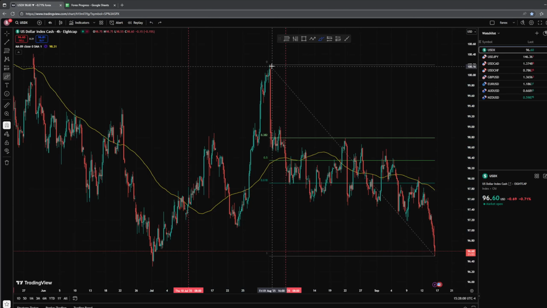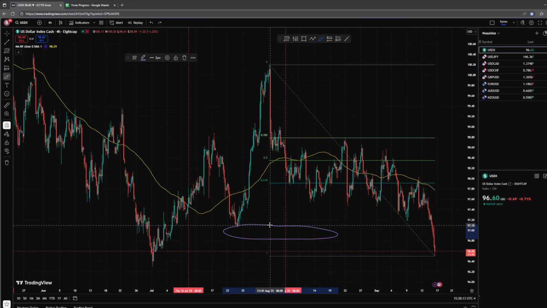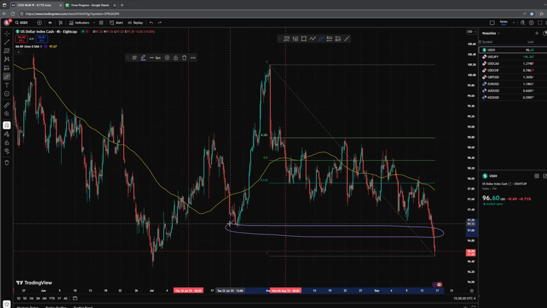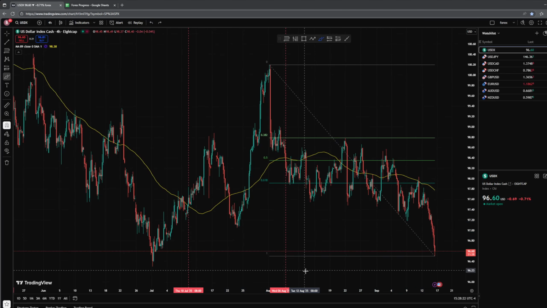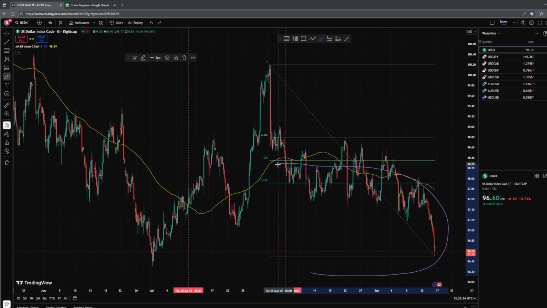Then as of today, the market has consistently gone down like this, and this was a really strong support back down here, and today it was exceeded by the market, and more than 50% of the down leg is hanging out below the yellow moving average line.